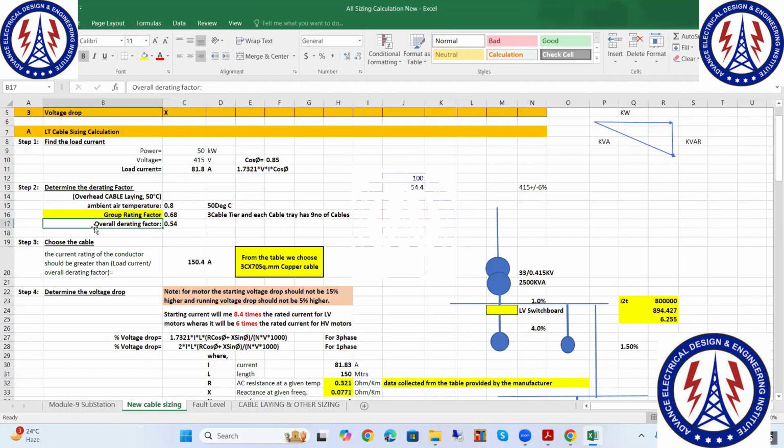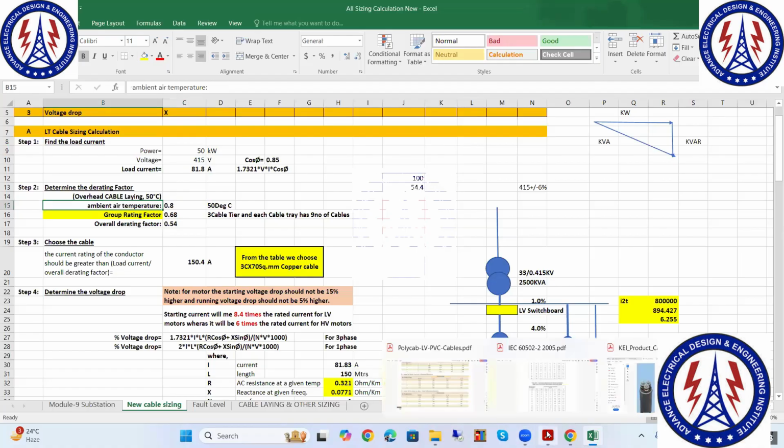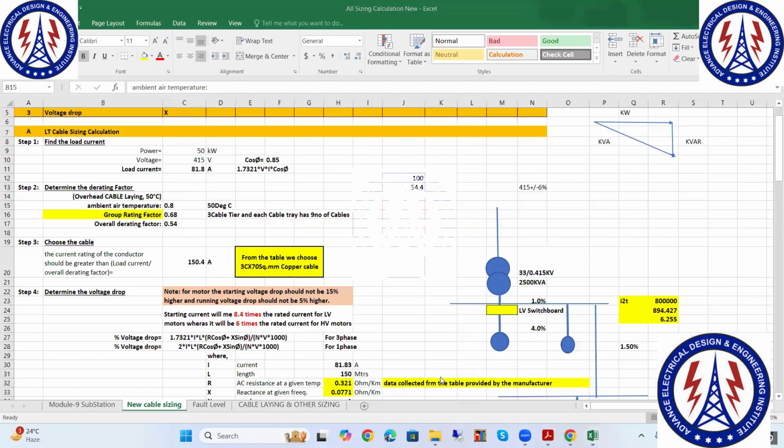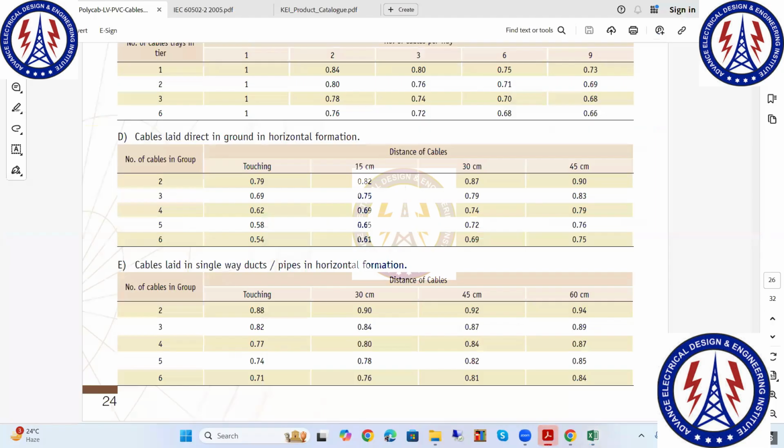But suppose you are laying your cable in overhead condition. In the overhead condition, derating will occur, which is called the overground derating. The first factor is the ambient air temperature.